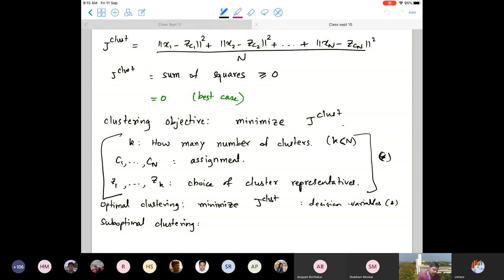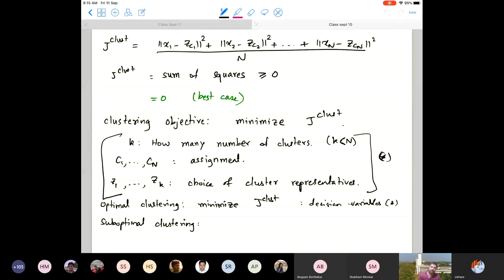The mean sum of squares of all such distances is nothing but J_clust. That was the clustering objective. And what is it that we wanted? We want to minimize this clustering objective. That means the data points are as close to the cluster representatives as possible.